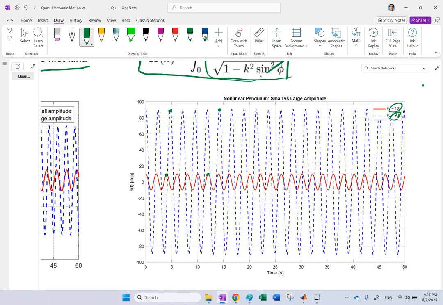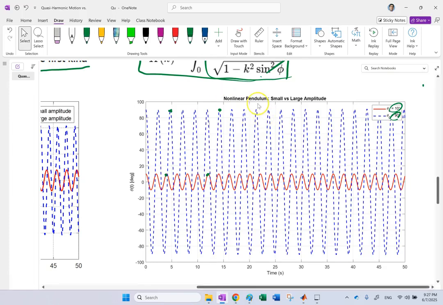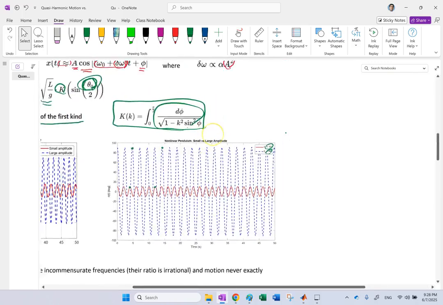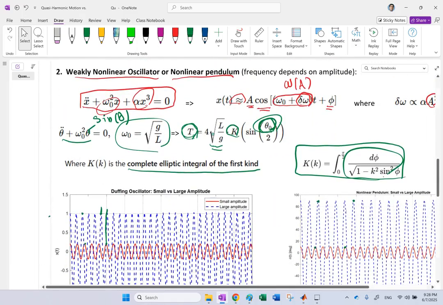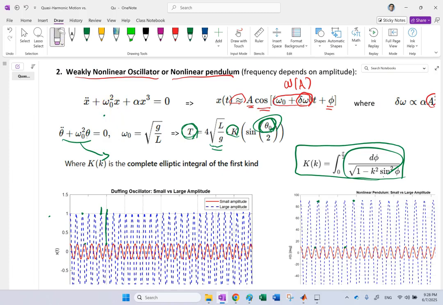So you clearly see that the period of the one with 90 degrees is longer than the period with the 10 degrees. So the period is an increasing function of the amplitude. And for that reason, although the motion is clearly similar to a simple sine wave, it's not exactly a sine wave. And actually, the solution to the nonlinear pendulum does not exist in terms of the elementary functions that we know in mathematics.